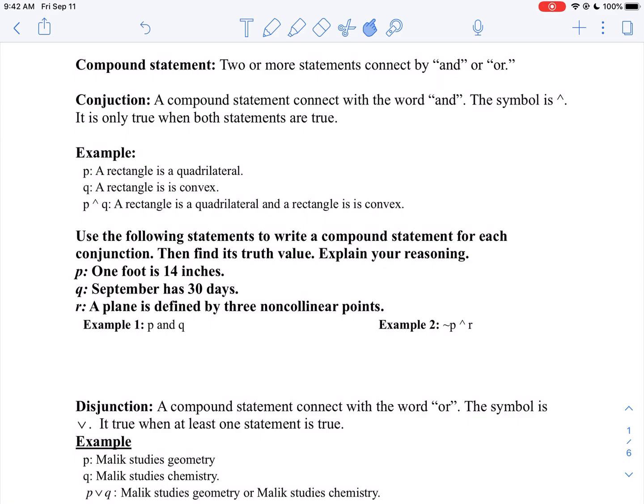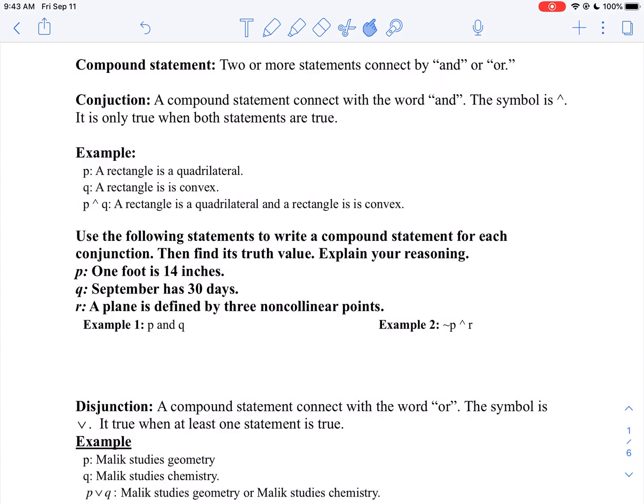So let's take a look at a couple examples here. It says, use the following statements to write a compound sentence for each conjunction, then find its truth value. Explain your reasoning. Statement P, 1 foot is 14 inches. Statement Q, September has 30 days. Statement R, a plane is defined by 3 non-collinear points.